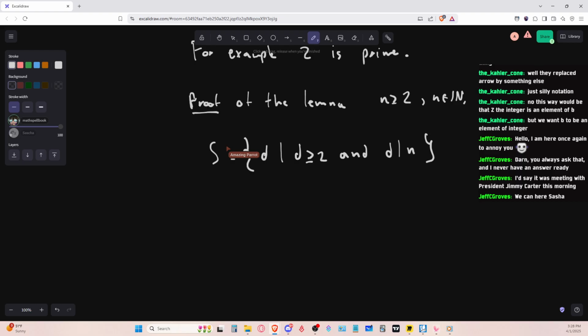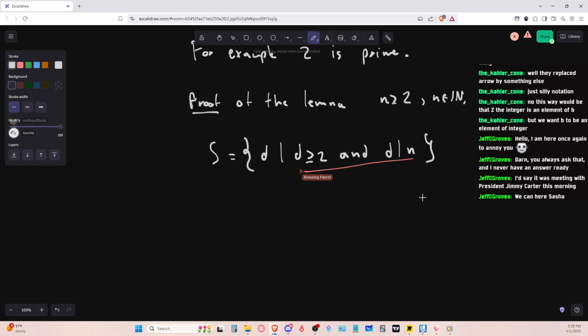So what would be an example of a divisor of n which is greater than or equal to 2? But D can be any natural number that satisfies the properties I wrote on the right. D has to satisfy those properties.